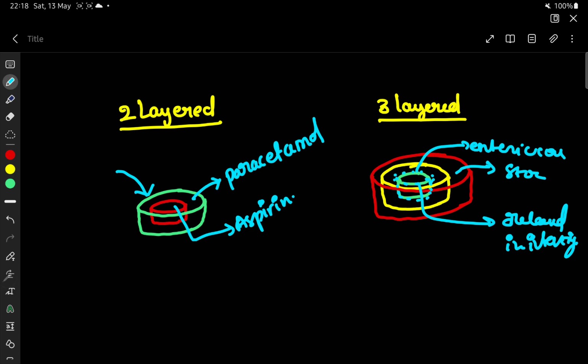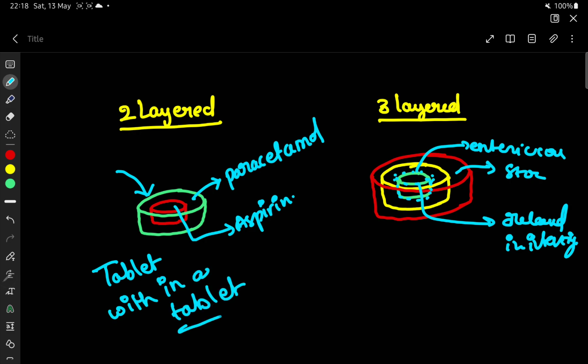That means a tablet within a tablet. That means two types of drugs can be administered at a time to release within a time gap, like paracetamol and aspirin. Both are given for fever and can be helpful to release the two types of drugs at a time.